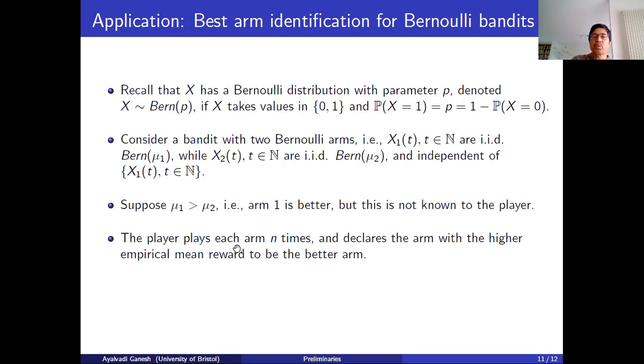The player just wants to decide which arm is better. They are going to play each arm some fixed number of times, n times, observe the total reward on each arm, and decide that whichever arm gave the higher total reward, or equivalently the higher mean reward, is the better arm. This is the most natural thing to do.